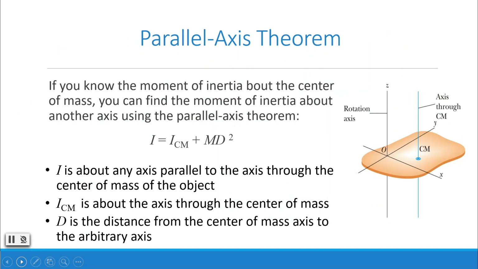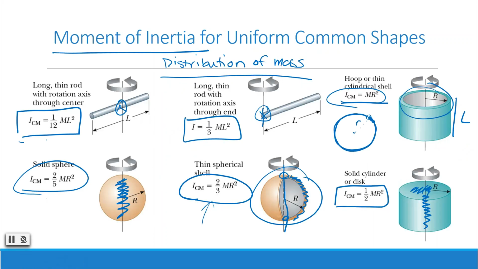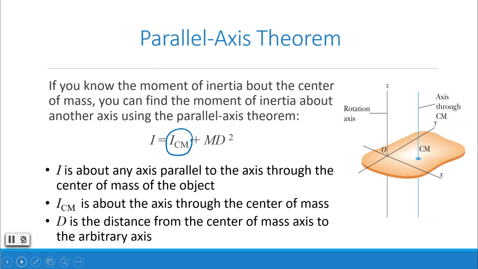There is a theorem called the parallel axis theorem, which basically says if you know the rotational inertia about the center of mass, for example about the rod right here, and you want to find it about any other point, you can use this formula. Picture this wibbly wobbly thing. We know the rotational inertia about the center of mass, and we know where that center of mass is located.